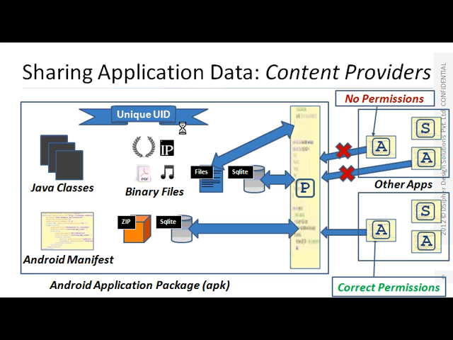If the other applications are not defining the permissions you have defined, they will not get access to your application's data. And the other applications that have specified this permission in their Android manifest.xml file can get access to your application's data.